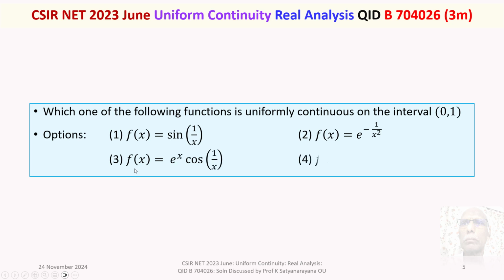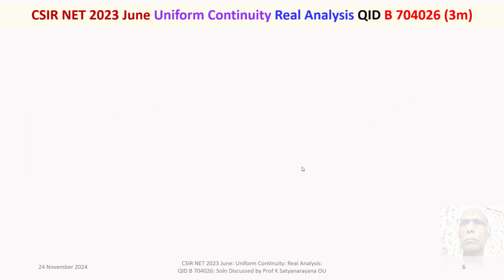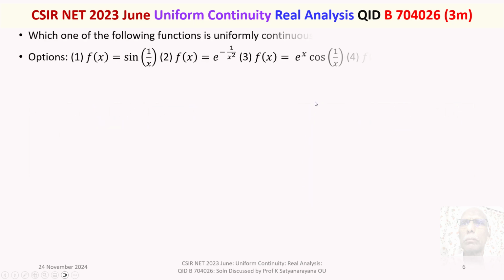Option 3, f(x) = e^x cos(1/x). Option 4, f(x) = cos x cos(pi/x). Let us now discuss the solution of the problem in detail.